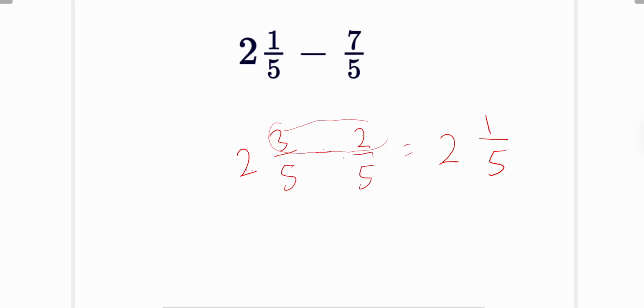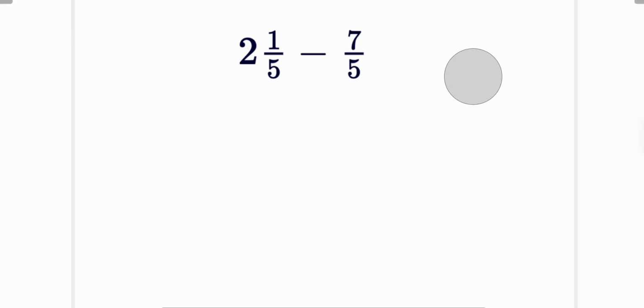But here we have a different situation. Here we have 2 and 1/5 minus 7/5, and this we cannot do. We cannot do 1 minus 7. We cannot do that. So how do we solve this? We have to convert this mixed number into a fraction that we can subtract 7/5 from.